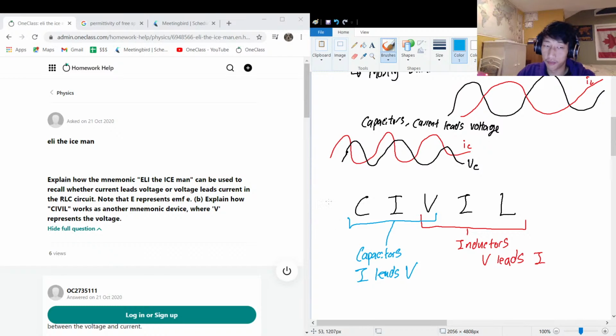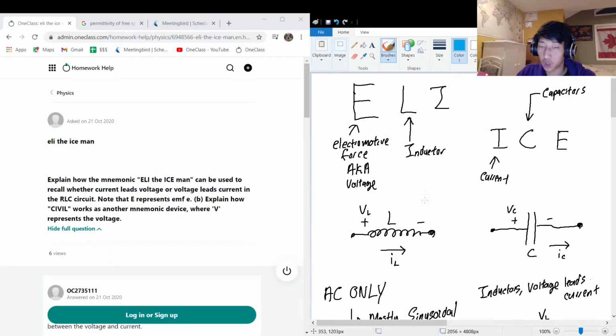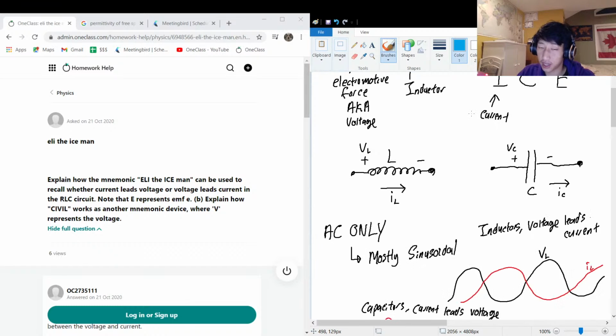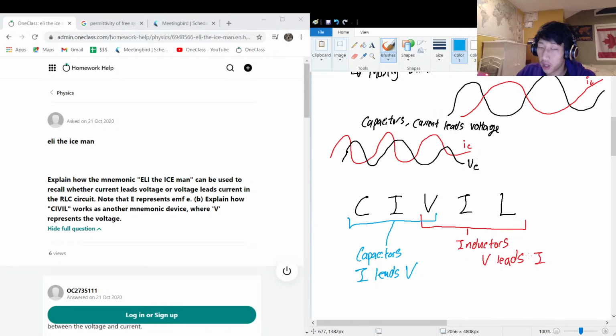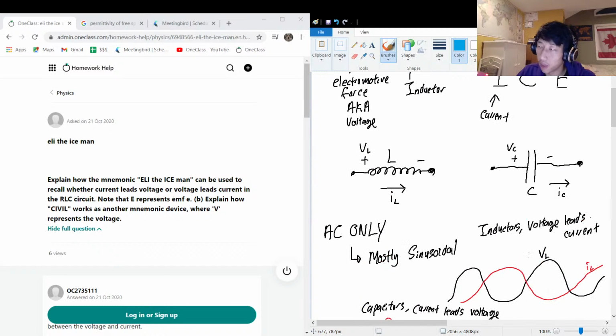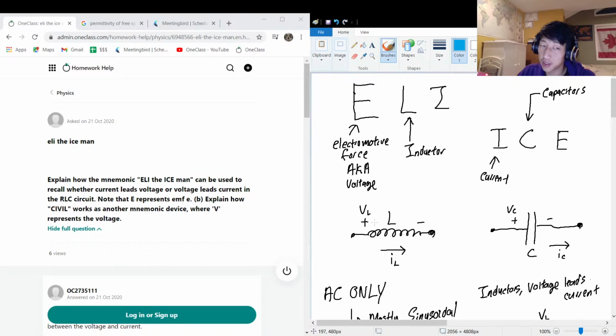These are all different methods of remembering the same thing. It's just who leads who when you have an AC signal, because the current and the voltage will almost always be out of phase. And with Eli the Iceman, or just the word civil, you can hopefully easily keep track of who leads who depending on the storage element.